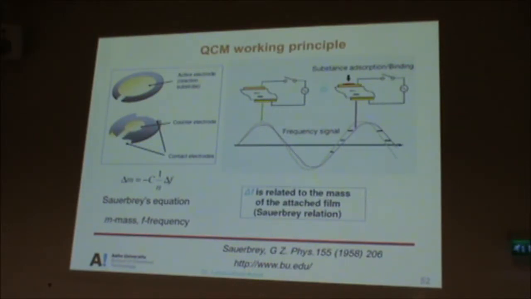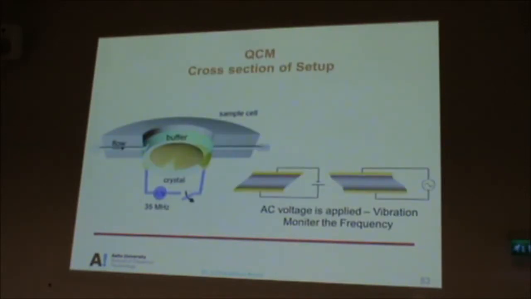So this has a sensitivity of up to nanograms per centimeter square, and that's one of the most sensitive weighing techniques that we have today. Okay, now I'll show a cross section of how the measurement is done. You have a quartz crystal, and you have a working electrode, and you have a counter electrode below, and here's the cross section.